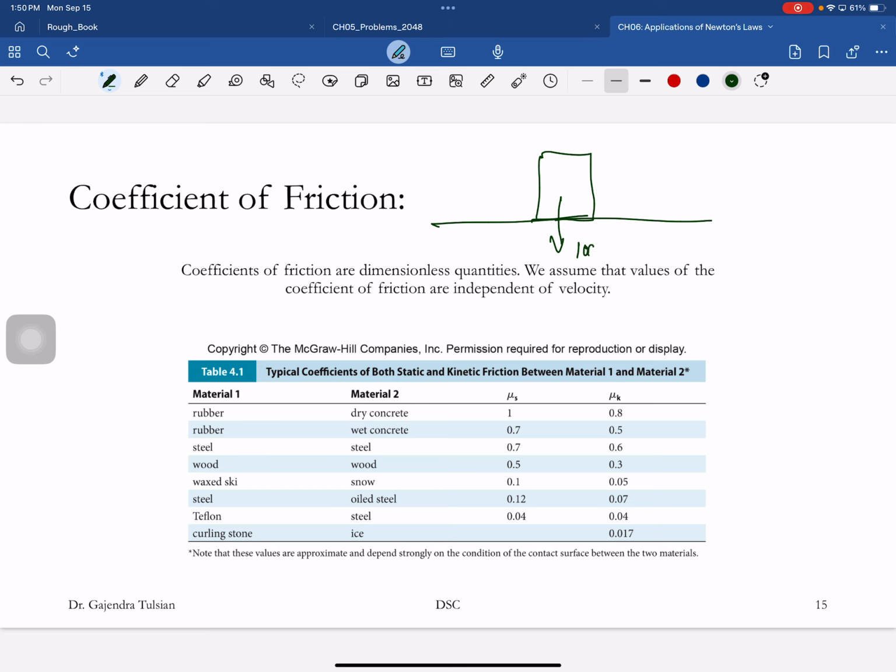Let's say a 100-pound rubber block sitting on concrete. So the normal force is 100 pound. The maximum static friction force is mu s times the normal force. And mu s is 1. So 1 times 100 pound.